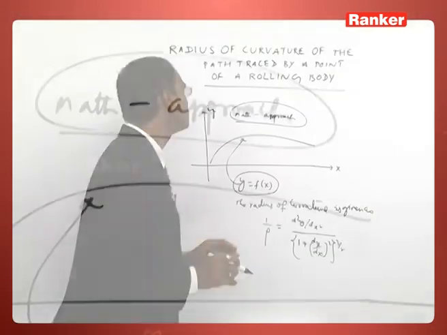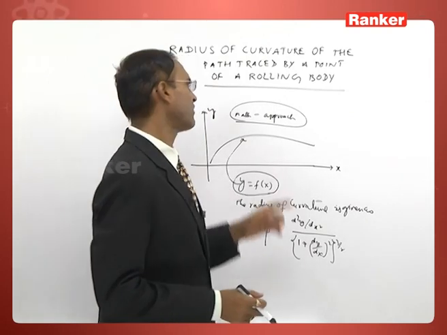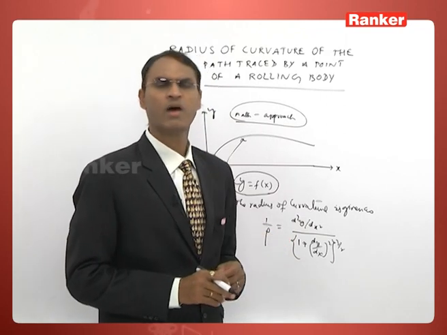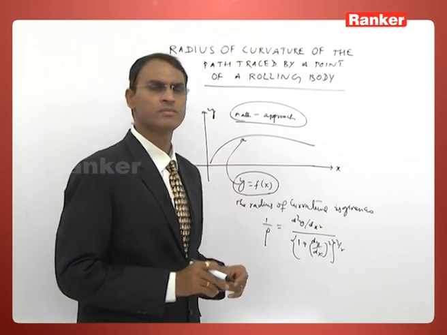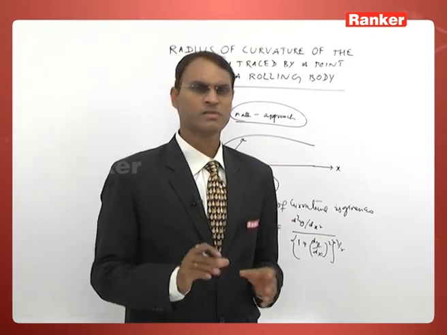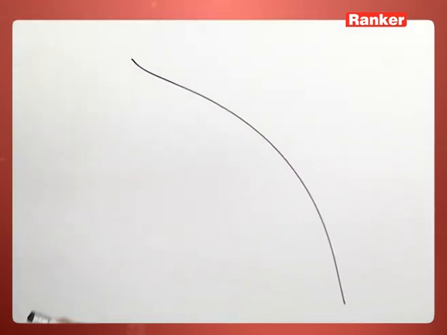But here, by using the idea of physics, a physical approach, we can find the radius of curvature of a particle by using the concept of centripetal acceleration. Let me discuss that. Let us suppose that the particle moves in a curve.